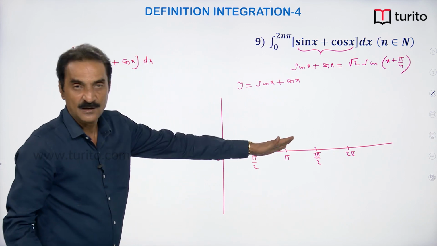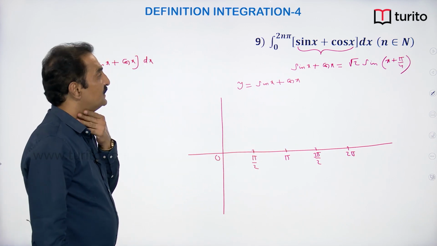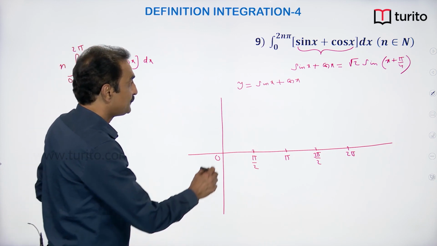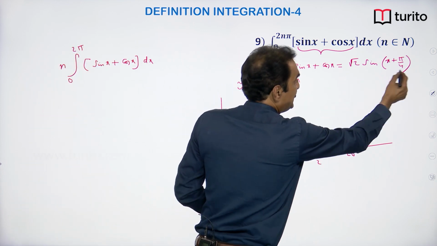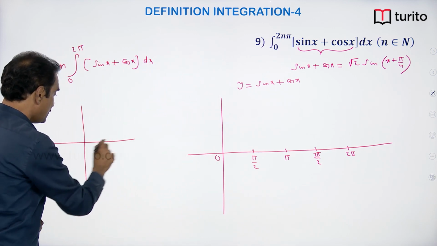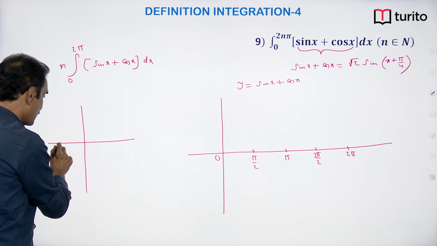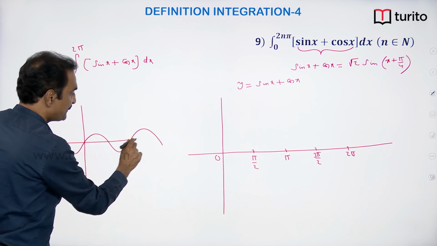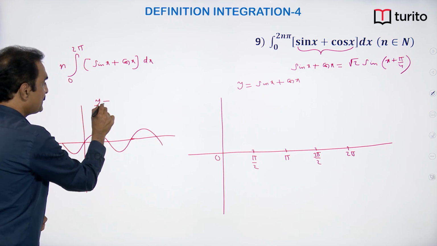So I am going to draw the graph in this interval. Now it is sine function only. What is the graph of sin x? Graph of sin x will be this, y is equal to sin x.